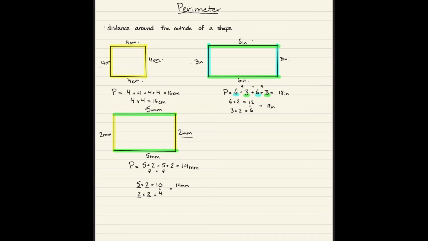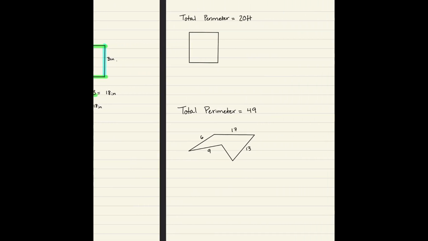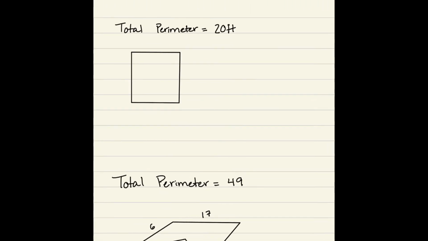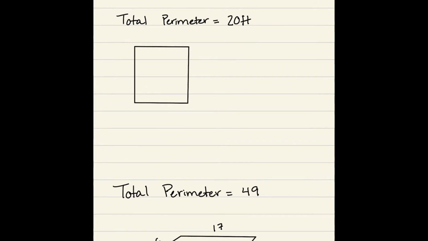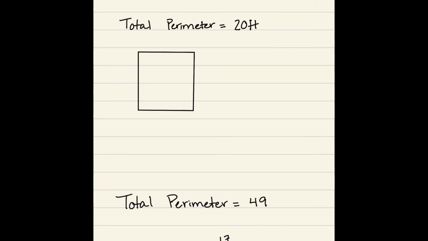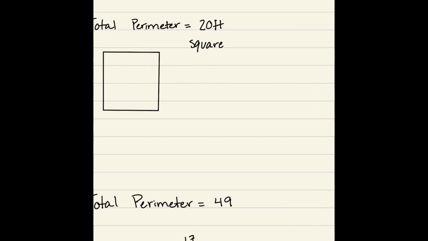Okay, now we're going to go on to some problems that are a little bit more tricky. So this problem gives us the total perimeter. So the total perimeter is 20. What's important to know about this shape is that it's a square. So what does that mean? That means that all sides are going to be equal.